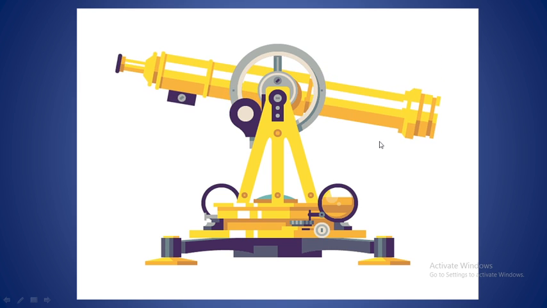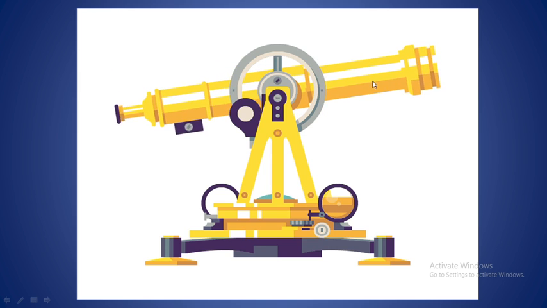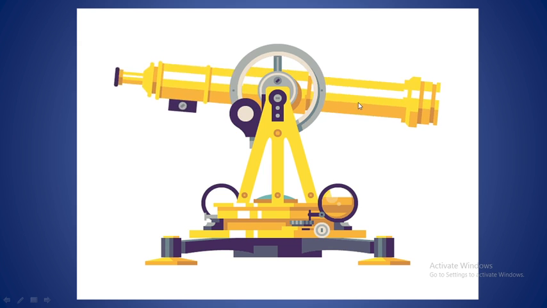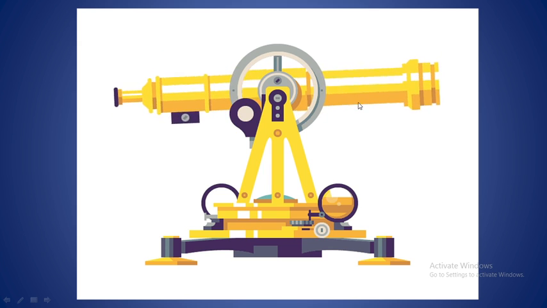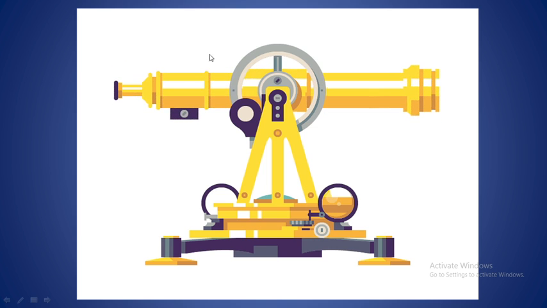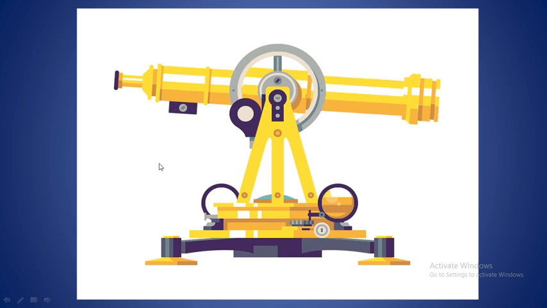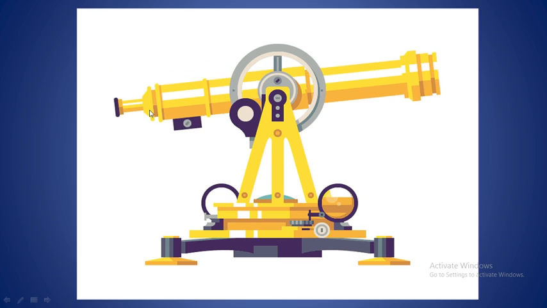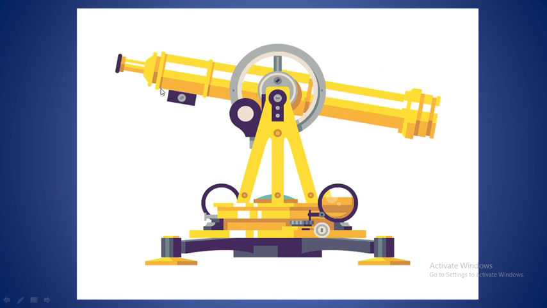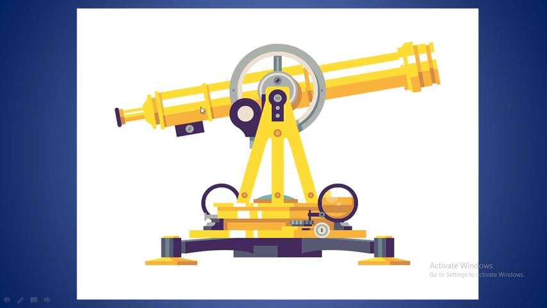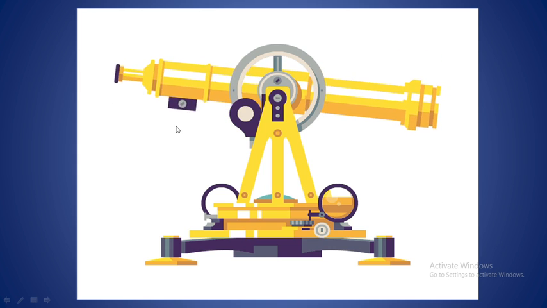The telescope of a Theodolite can be reversed in 180 degrees in the vertical plane through horizontal axis. Here in this animated image, you can see the telescope of the Theodolite is moving or it is getting reversed.